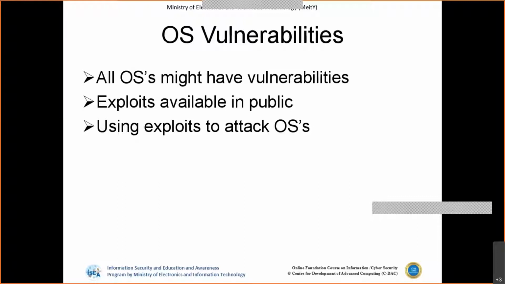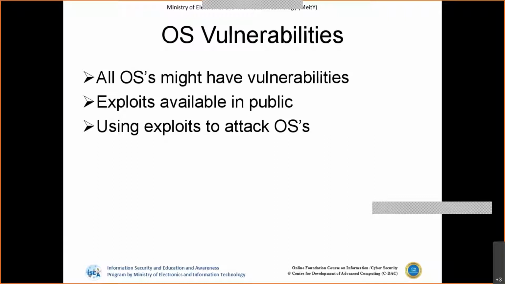So all operating systems might have vulnerabilities. We have seen the recent ransomware attacks like WannaCry, where there is a vulnerability in the Microsoft service. So these kinds of vulnerabilities exist in the operating system. And the major part is that most of the exploits of these vulnerabilities are already available in public.